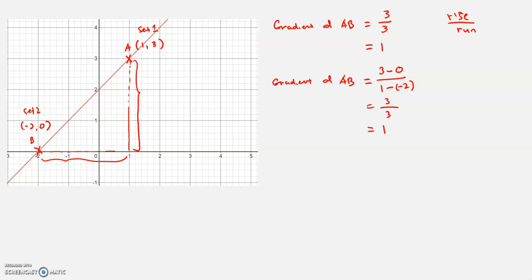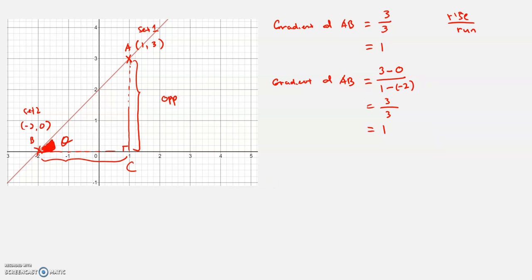Now, if I look at this right angle triangle that is formed, A, B, let me call this point C. I have an acute angle over here, and I call it theta.